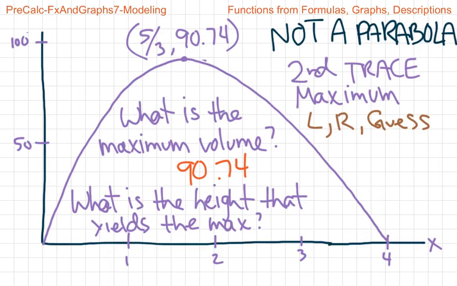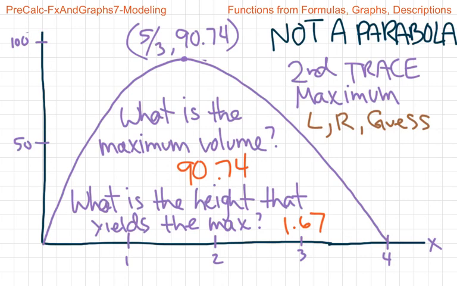Well, that height is 1.67, or 1.6666666, 5/3. When you look at that point, you'll see that it is 5/3, 90.74. But what we were really interested in is what that max volume is, and what does that point really mean? It means 1.67 is what we're cutting out of the box.